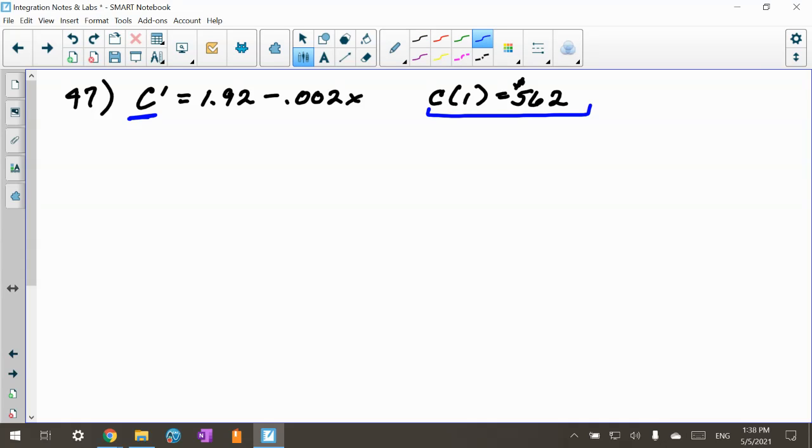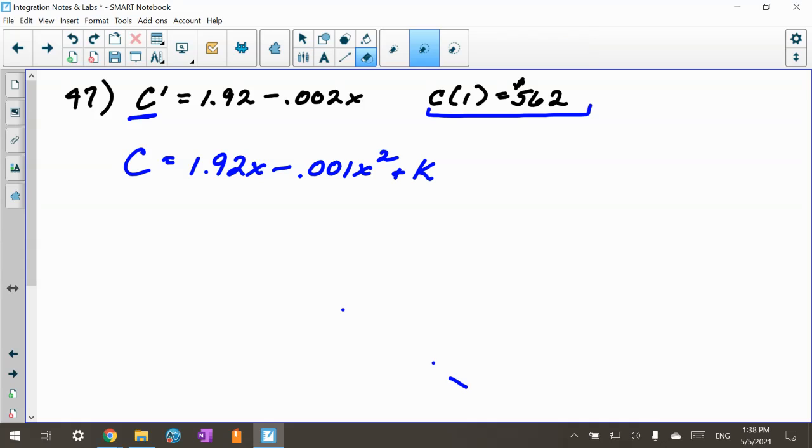So let's try it. On 47, I'm going to find out what C is. So we're doing the antiderivative. It's going to be 1.92x minus, and now we're going to add 1 and then divide by 2, so it's 0.001x squared. I'm not going to say plus c. I'm going to use a k because this equation already is c equals, and that's kind of confusing.